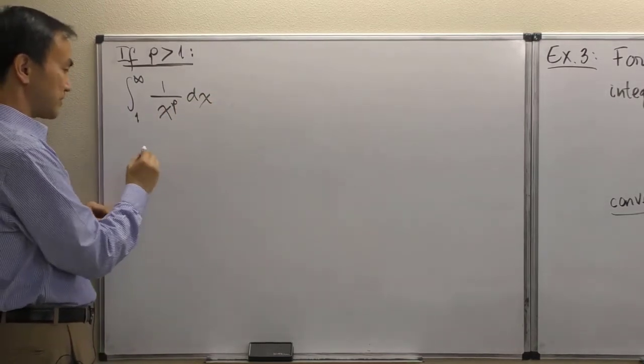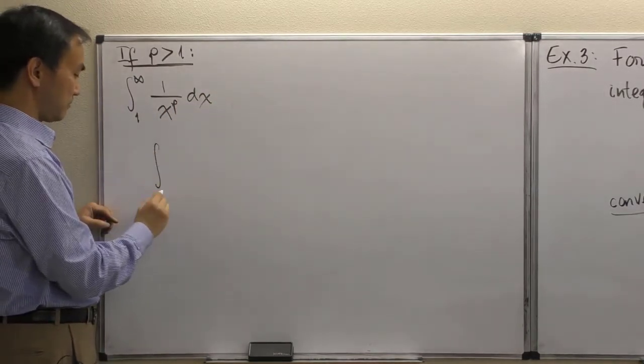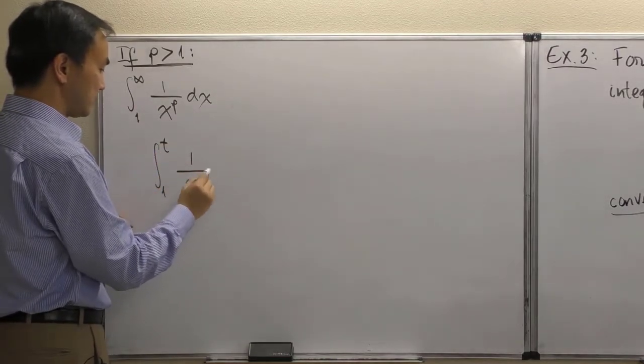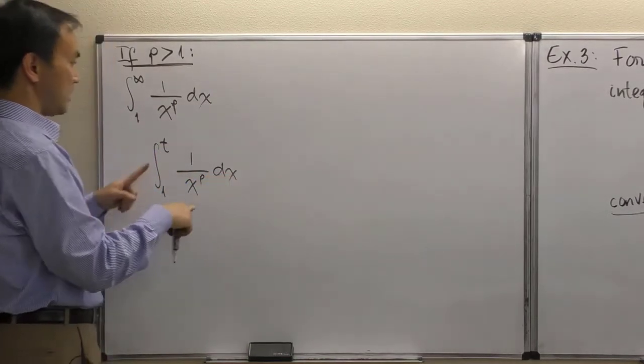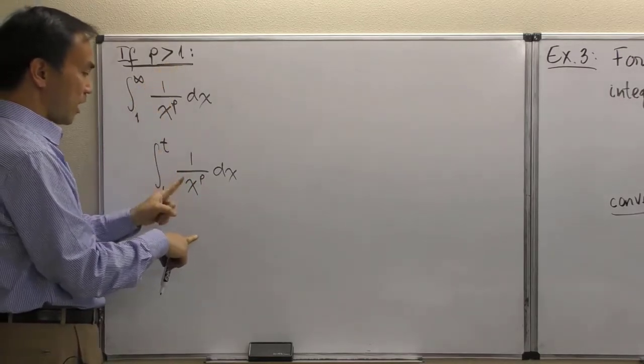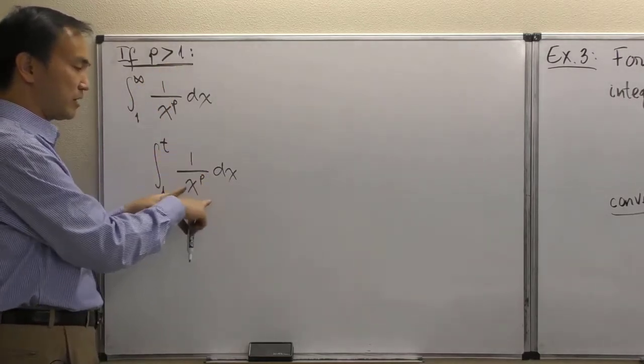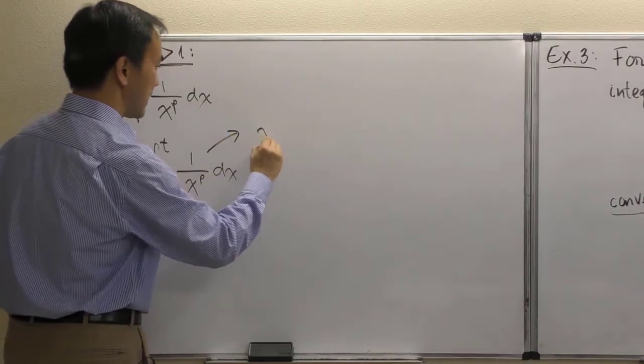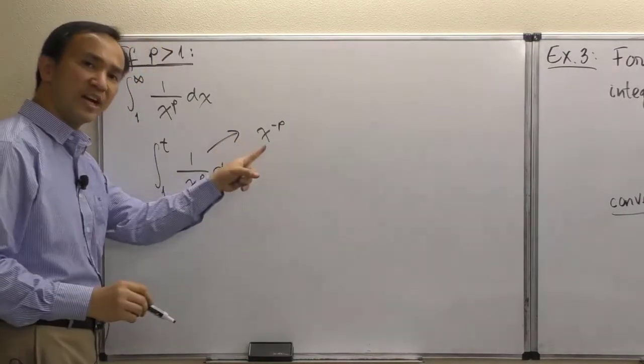produce the limit. So the limit from 1 to t of the function 1 over x to the p dx. Notice the advantage of p greater than 1 is that we can see this completely as x to the minus p power, and I will get to that later.